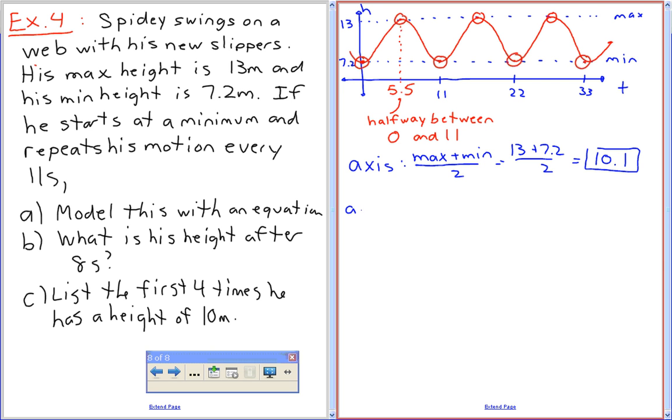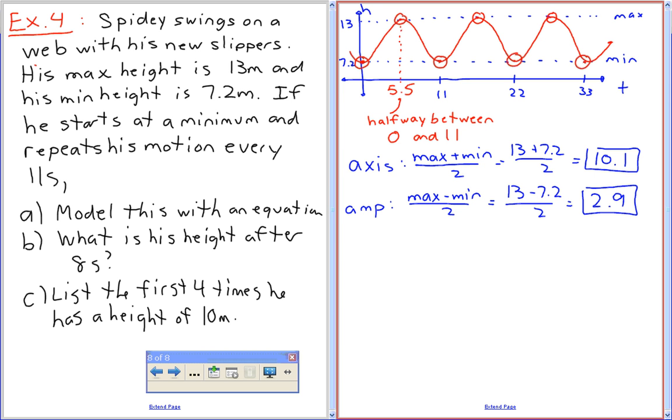The amplitude is max minus the minimum divided by 2, which is 13 subtract 7.2 divided by 2, which is 2.9. Very good. And as a check, if you do 10.1 plus 2.9, that should give you 13, your maximum. If you do 10.1 minus 2.9, that should give you 7.2, that's your minimum.